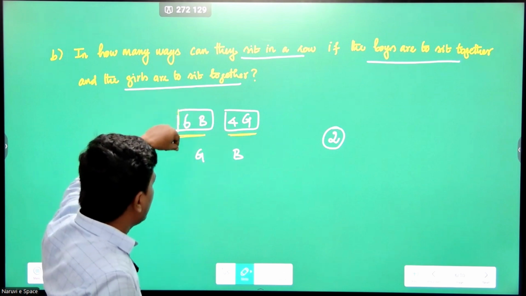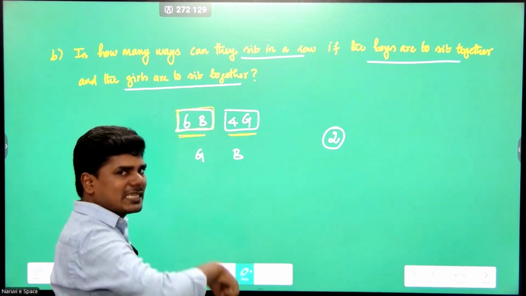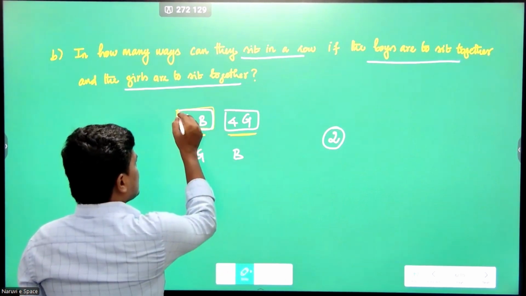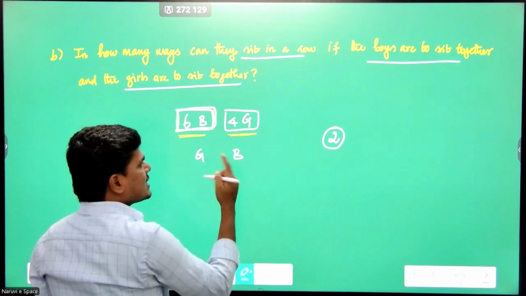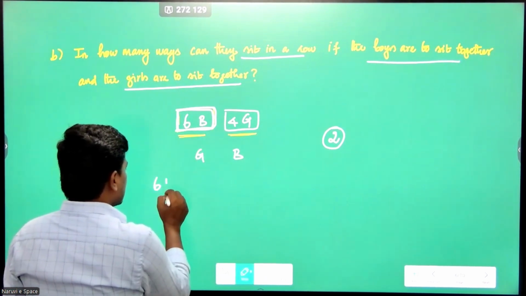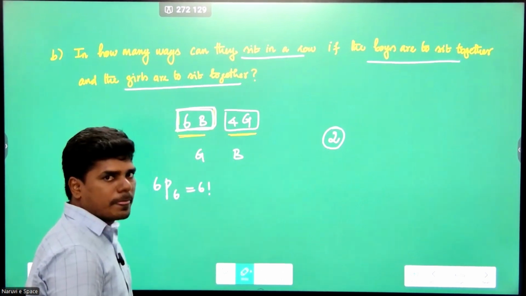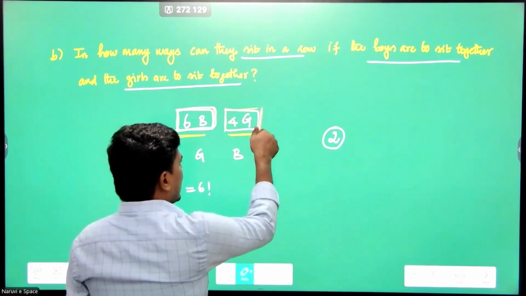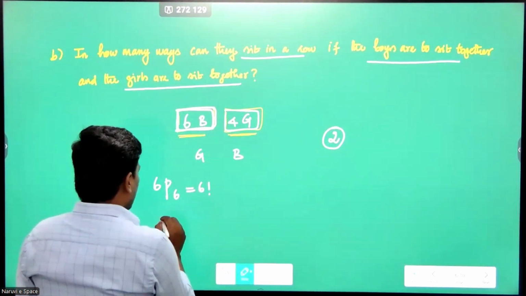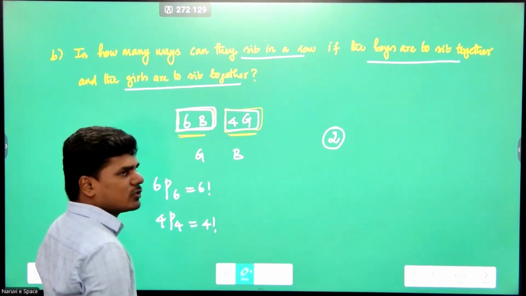But if we go inside, out of these 6 boys, taking 6 at a time, how many arrangements can we make? 6P6, which is 6 factorial. Out of these 4 girls, taking 4 at a time, how many arrangements can you make? 4P4, that is 4 factorial arrangements.